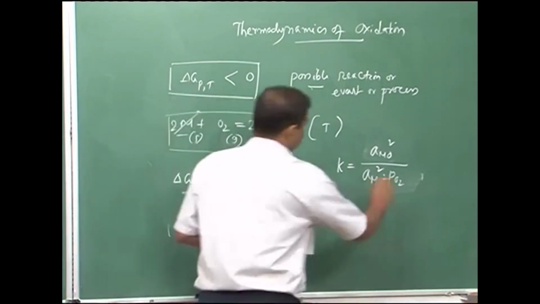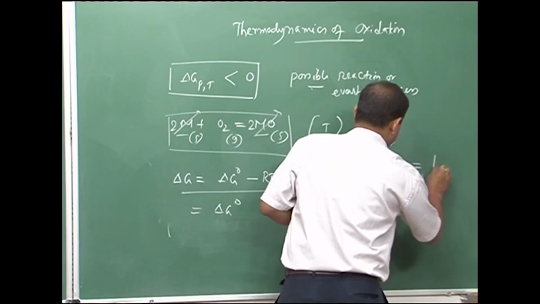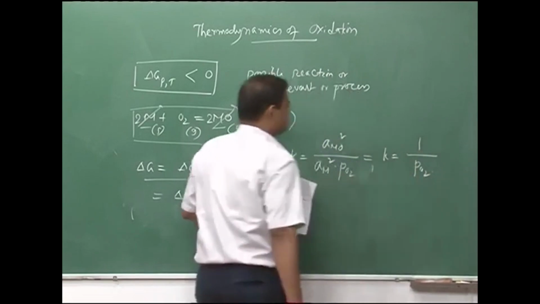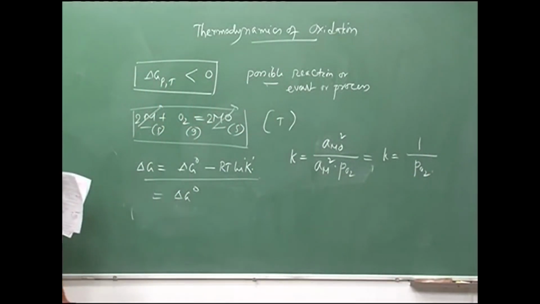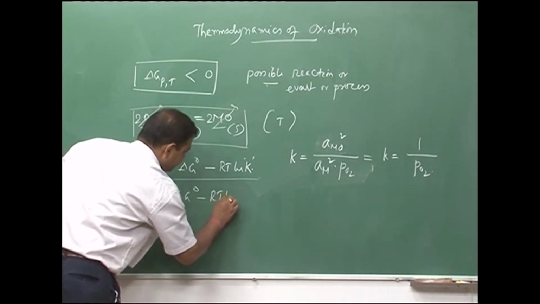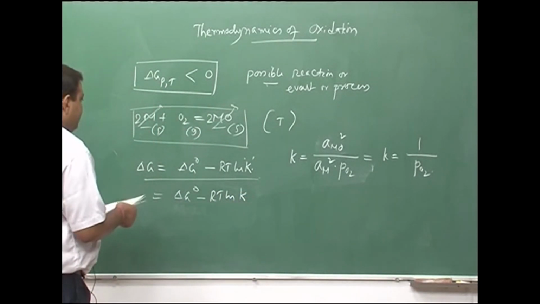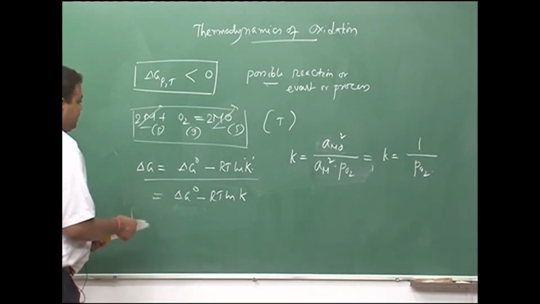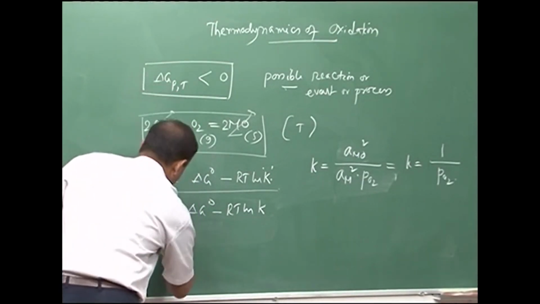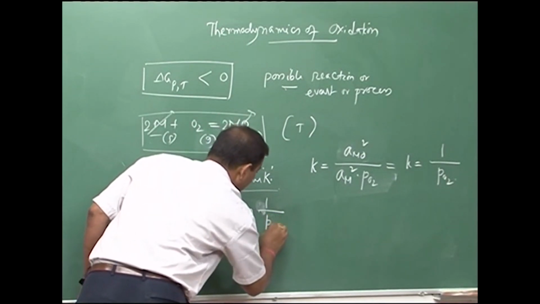Then K would be equal to 1 by PO2. So, we can replace this K in RT ln K, and we can say that this is 1 by PO2.